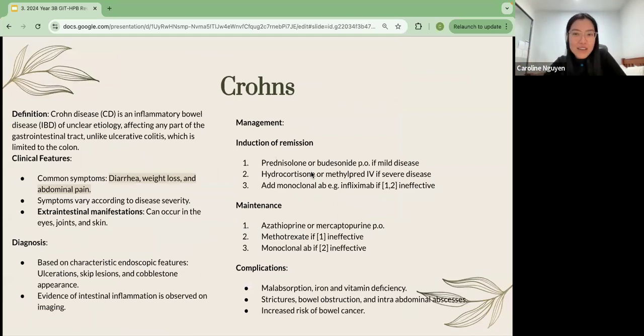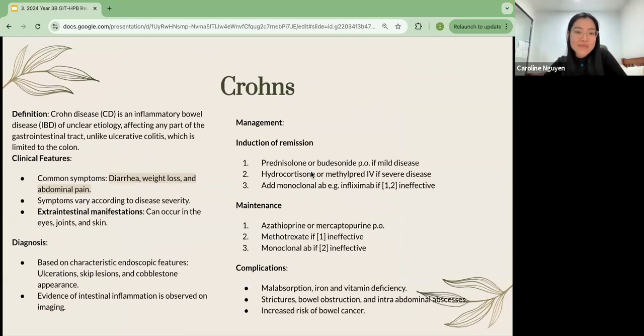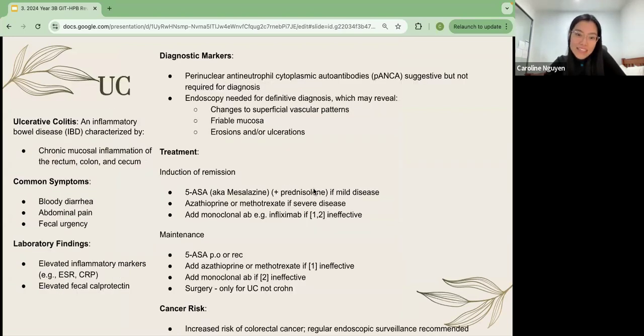It's all good. So there's Crohn's and there's UC. So the way we treat it is different. In Crohn's, it's with prednisolone, then hydrocortisone, and then monoclonal antibodies. And then in ulcerative colitis, it's mesalazine, then azathioprine, and monoclonal antibodies.